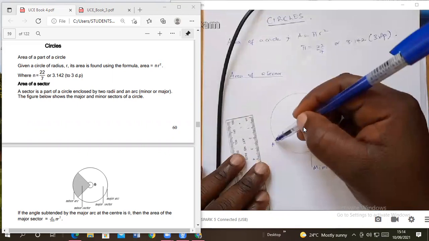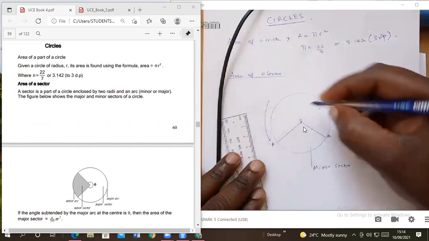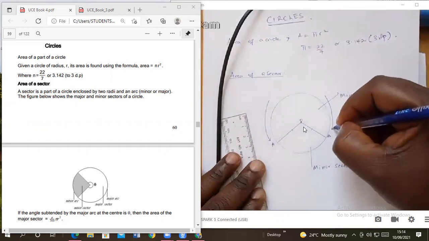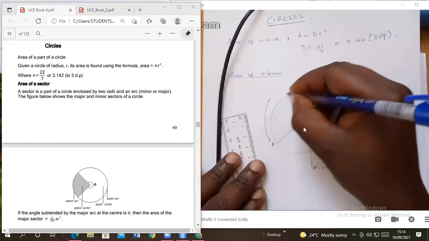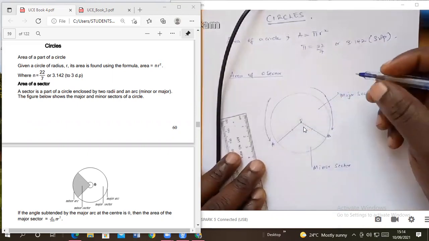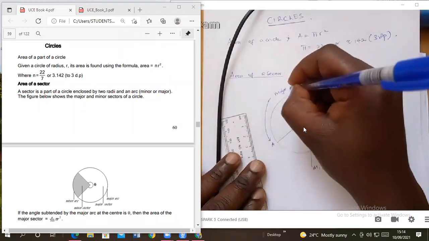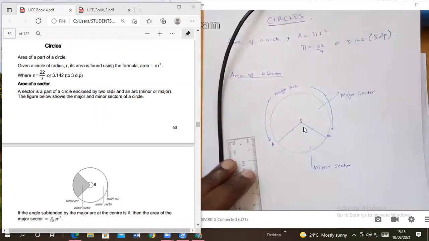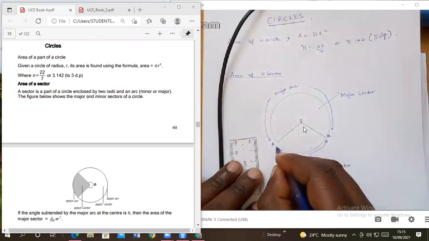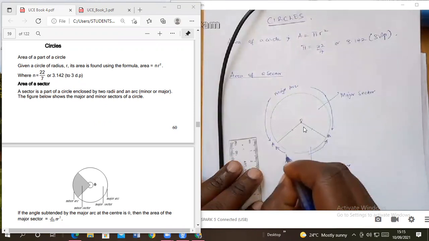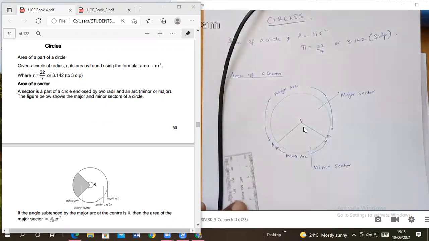So this arc that you are seeing from there up to there, this arc which is this side, is what we call the major arc. That's the major arc. Then this one automatically becomes the, this one becomes the what? The minor arc. The minor arc.